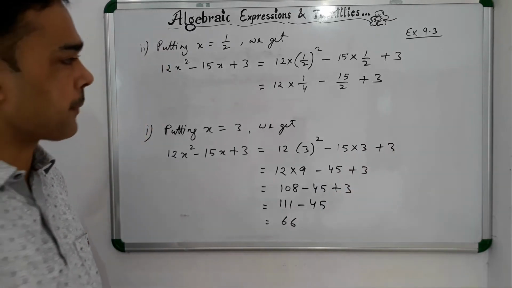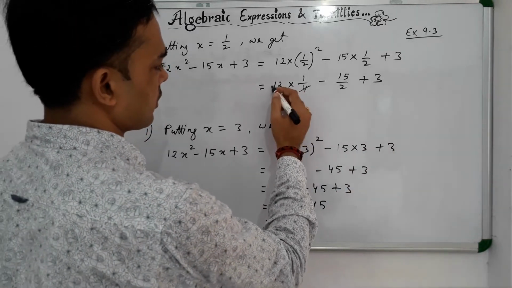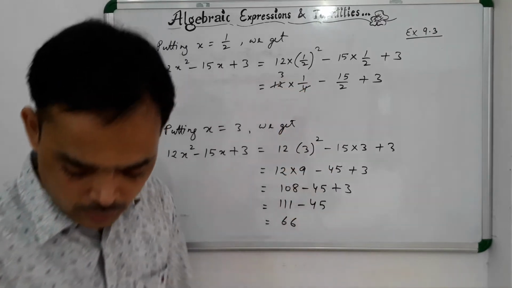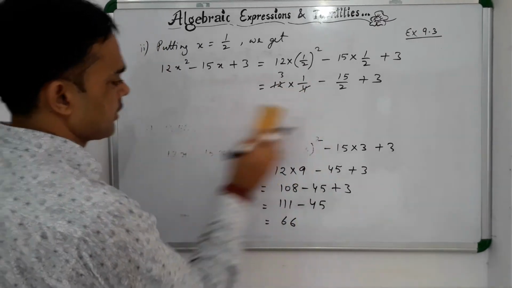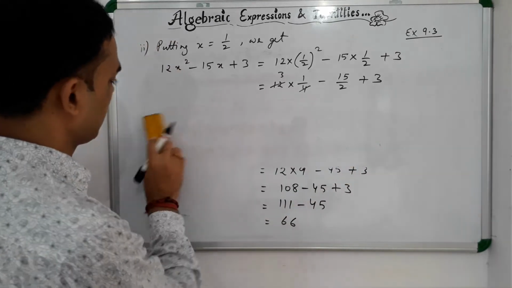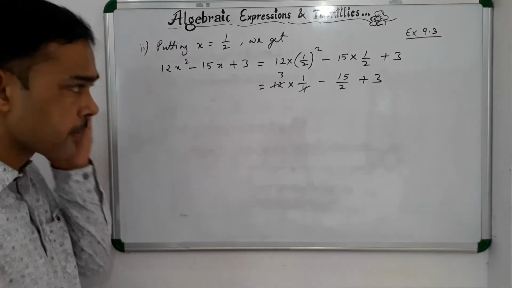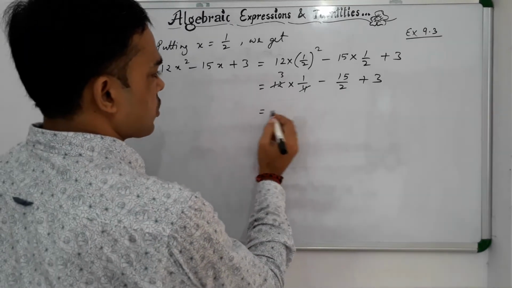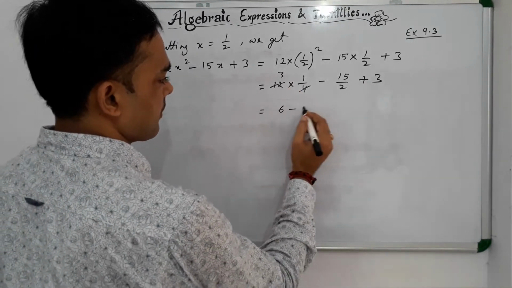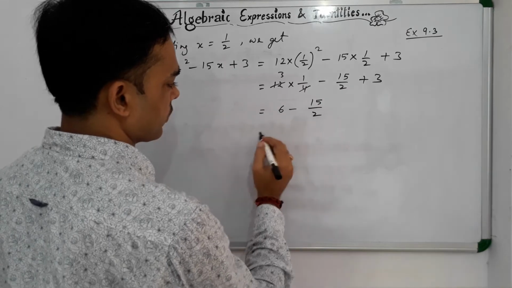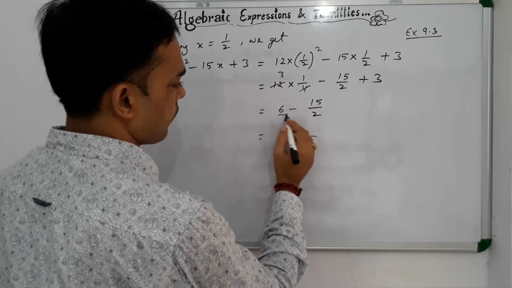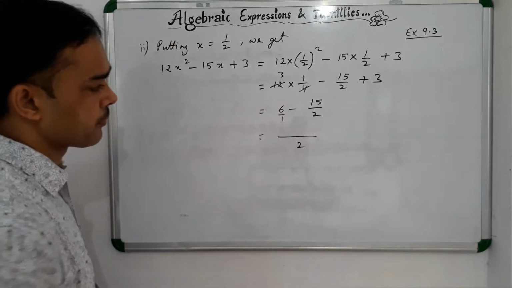Then what will happen is, 4 3s are 12. Now let me erase the rest of the parts because you might have done this. So 3 plus 3 is 6, minus 15 by 2. LCM of 1 and 2 will be 2.